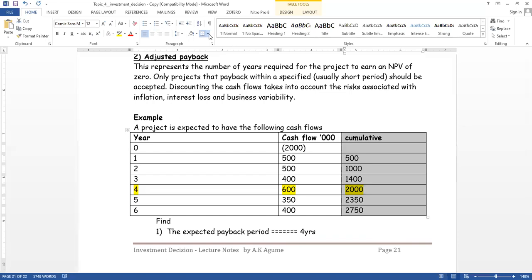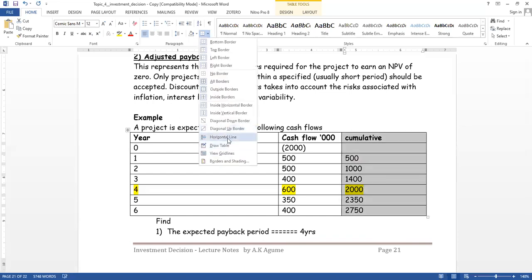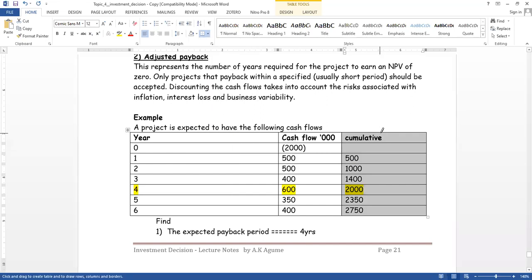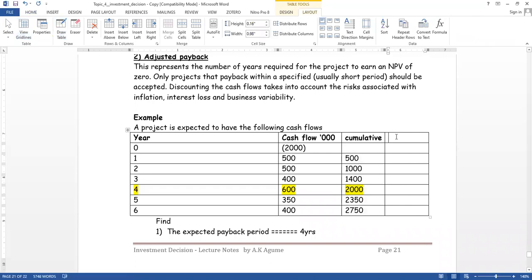So you are going to discount these cash flows at 10%, okay? And then you can look for the cumulative and see the payback period.